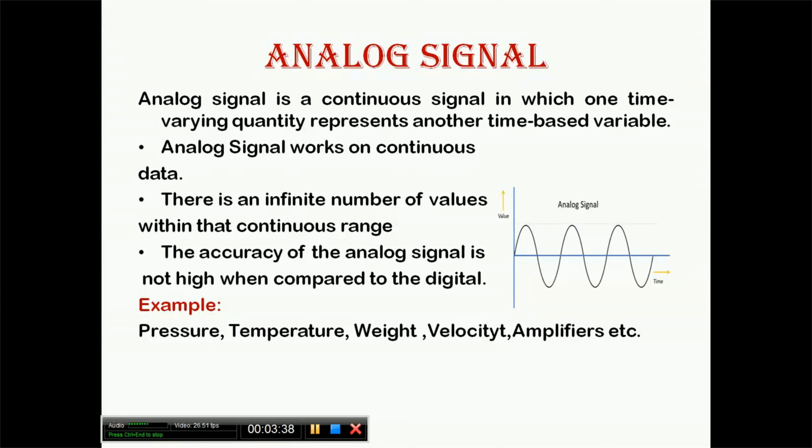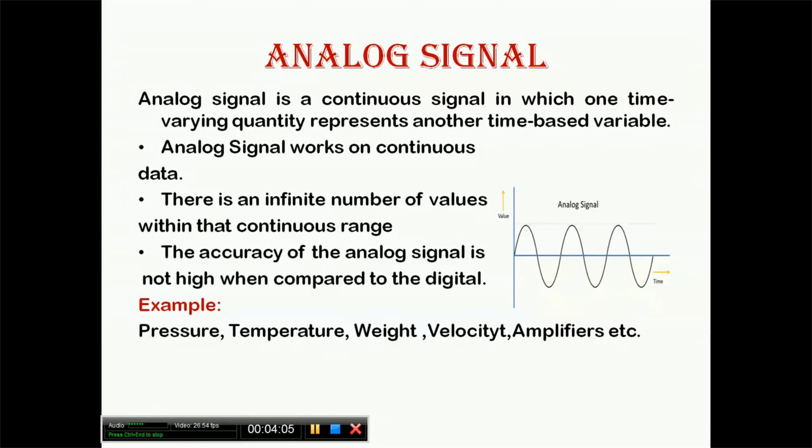Analog signals work on continuous data, and within that continuous range we can have an infinite number of values. Say for example, I may have here 0, then 0.1, 0.2, 0.3. So we can have an infinite number of values in this continuous range, which is in the form of a sine wave.